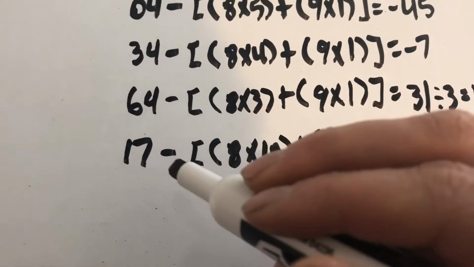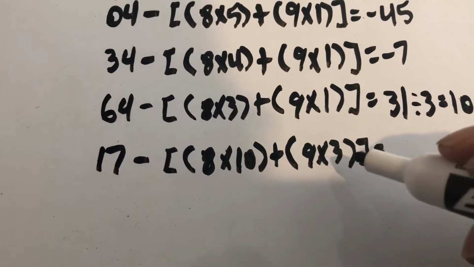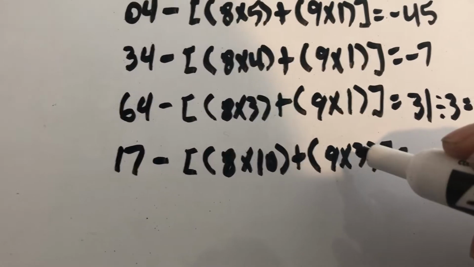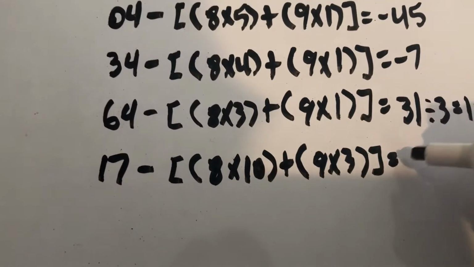Now we can calculate 17 minus 8 times 10 plus 9 times 3, which is 80, 27, 107, minus 17, 90. So negative 90.